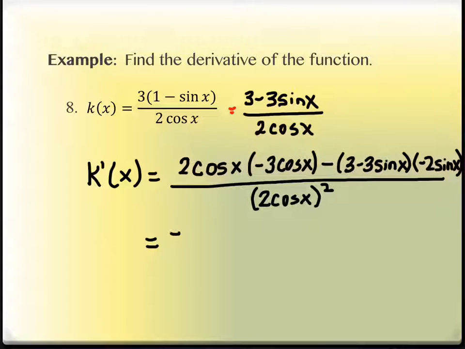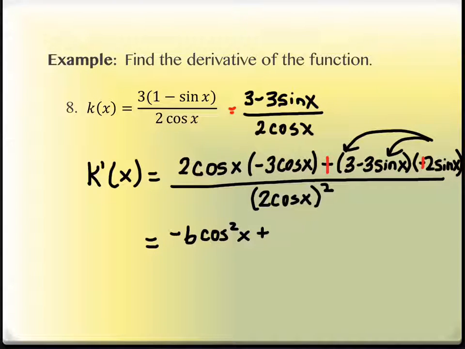All right, so now I've got, if I simplify, negative 6 cosine squared of x. Man, I've got so many negatives in the second set. I'm going to cancel this one and this one, okay? Because I have to distribute both of them through, and they're both negative. So all my signs of the 3 and the negative 3 sine x will stay the same. So I've now got a positive, but I have to distribute the 2 sine x to each of these terms.